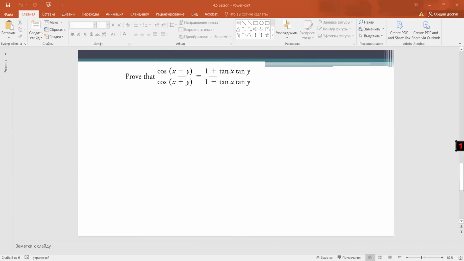On the right-hand side, let's see if we have something like that on the first slide that we had today. 1 plus tangent x times tangent y. For now, I'm not sure if there is something that could be used for this identity.